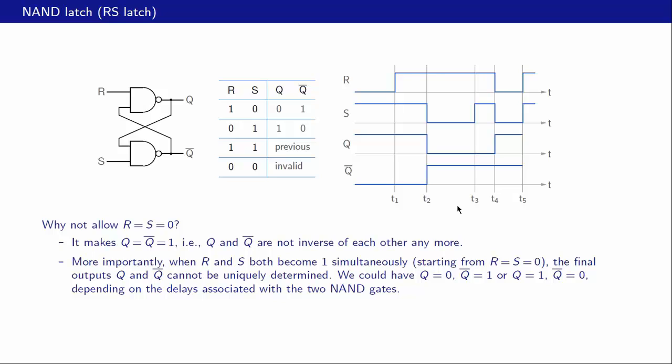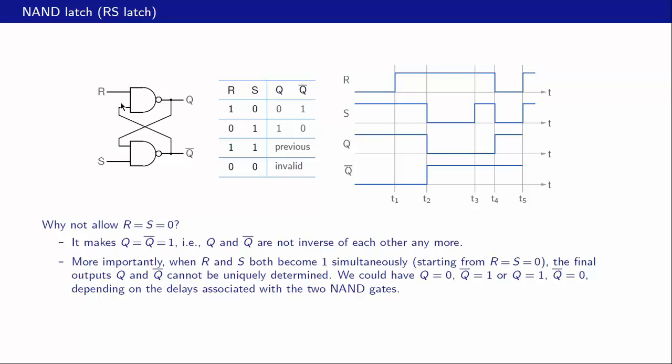Let us look at these waveforms which we saw in the previous slide, and if you recall, we had come up to here in the last slide. We had R equal to 1, S equal to 1, Q equal to 0 and Q bar equal to 1. And now imagine that R has gone to 0, S has also gone to 0. So we have R equal to 0, S equal to 0.